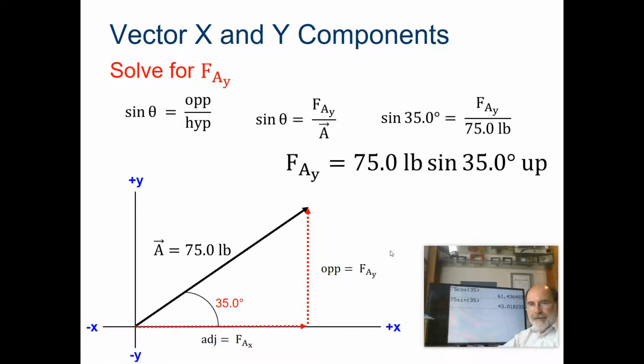For the opposite side, it's the hypotenuse times the sine of 35 degrees. So I'm taking the expression for sine being the ratio of opposite divided by hypotenuse. I'm multiplying both sides by the hypotenuse, and that isolates the opposite side. So opposite side is equal to the hypotenuse times the sine of the angle. Hence the result, 43.0 pounds.